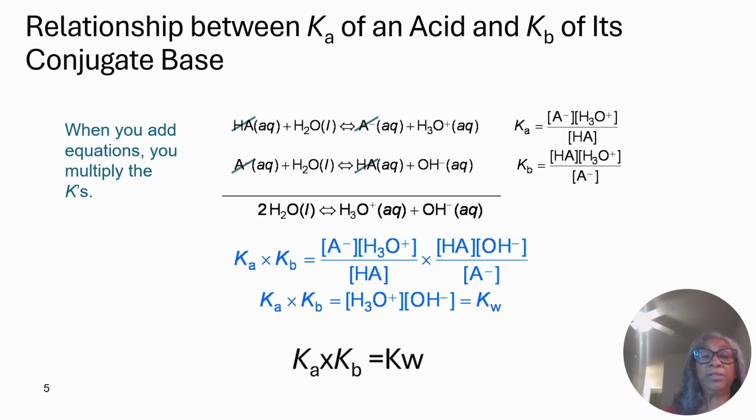The second reaction is a conjugate base of the acid in water and the ionization of water. When the two reactions are added, the two ionization constants are multiplied. If we observe carefully, by eliminating common terms, we arrive at the ion product of water, that is Kw.